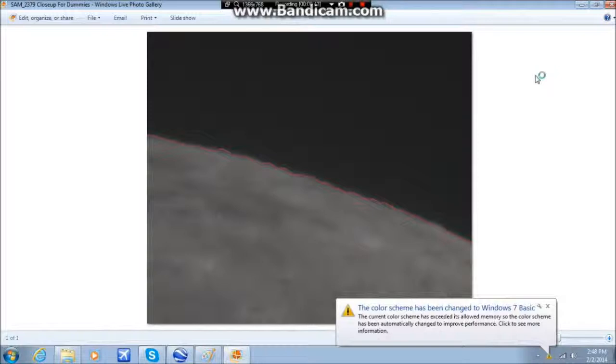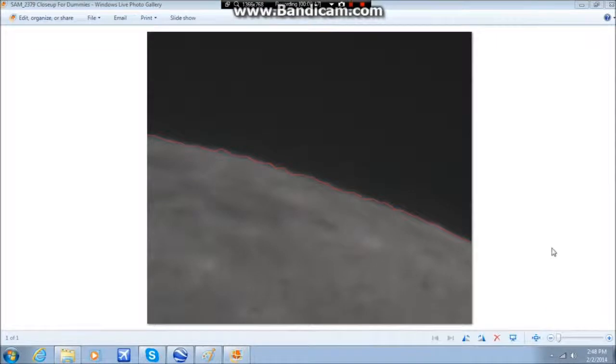Okay, so if my computer doesn't explode, we are basically going to take off and contact dock with the International Space Station.